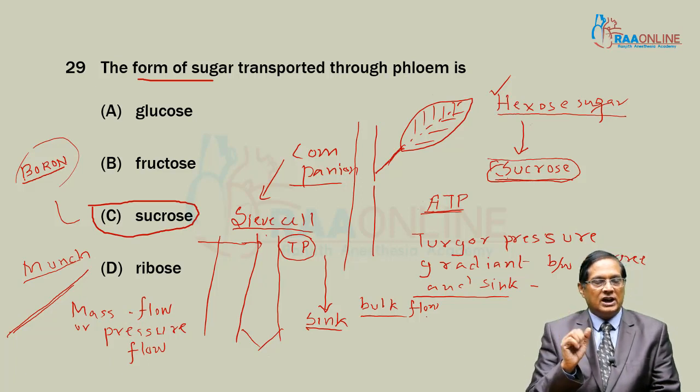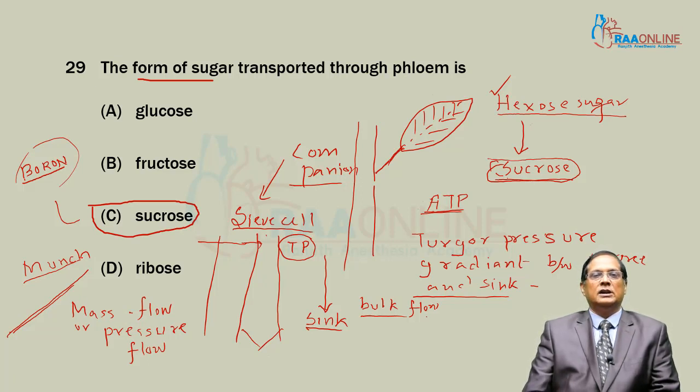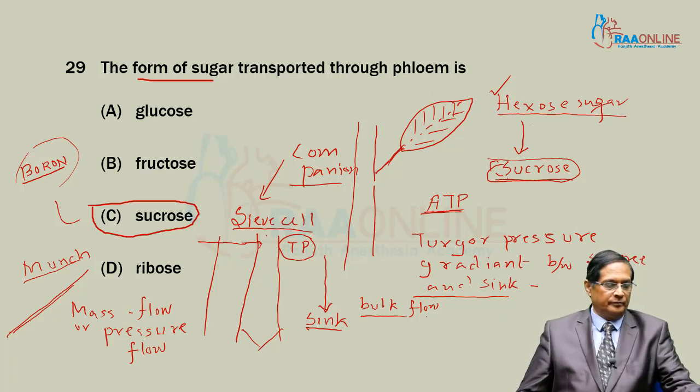The central idea of that theory is the turgor pressure gradient between source and sink, mainly responsible for en-masse flow or bulk flow of sucrose from source to sink.